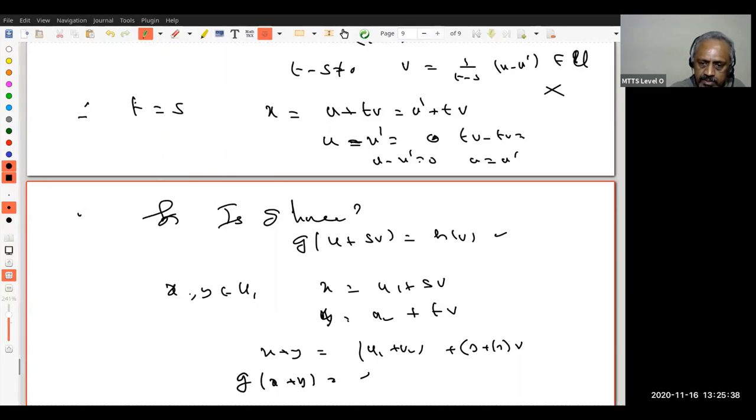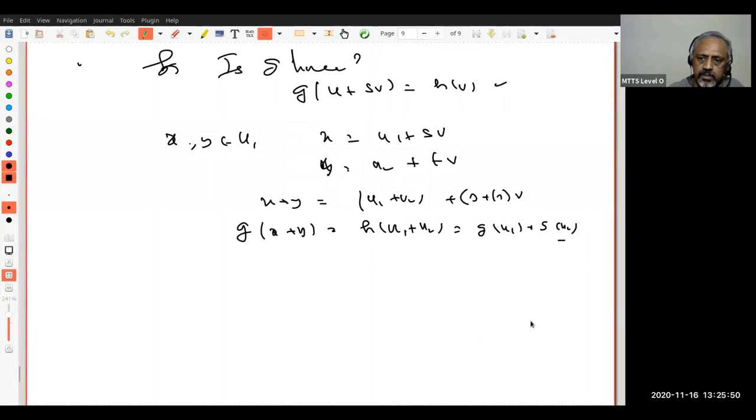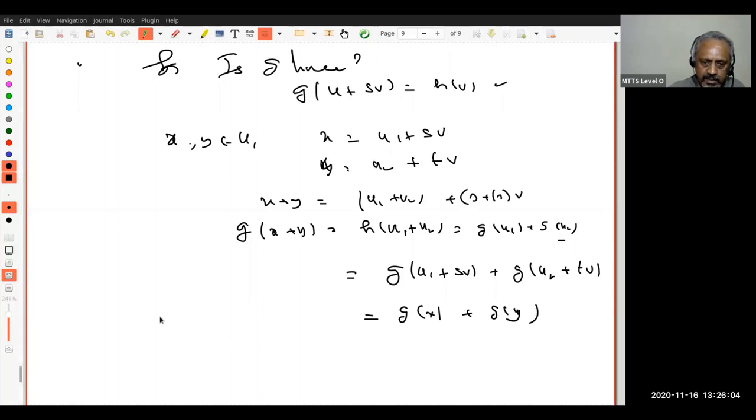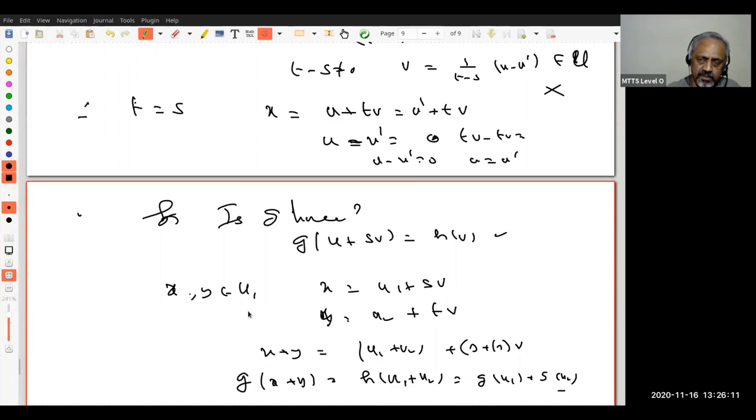This g of x plus y is h of u1 plus u2, but that is g of u1 plus g of u2, etc. Okay, but that in turn is g of (u1 plus sv) plus g of (u2 plus tv). That is g of x plus g of y. I am going fast, but these are all very trivial BSc level mathematics, so you should feel comfortable. Therefore, G is linear.